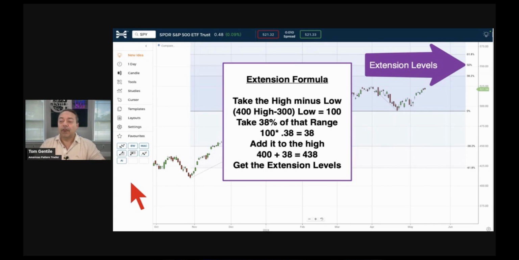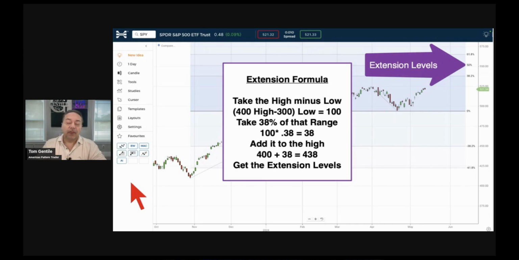If you remember, we were taking a look at SPY, TLT, USO, GLD, among others. And I talked about an extension formula where you take the most recent high minus the most recent low, and what we're doing is getting that range. And we're taking a percentage of that range and adding it to the high to get what could be called the extension high.